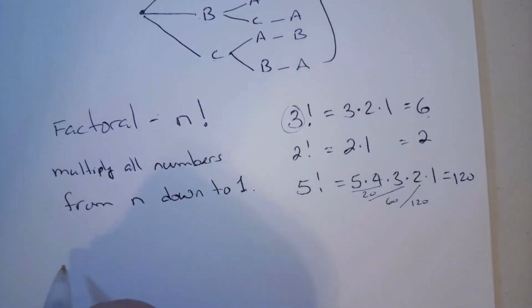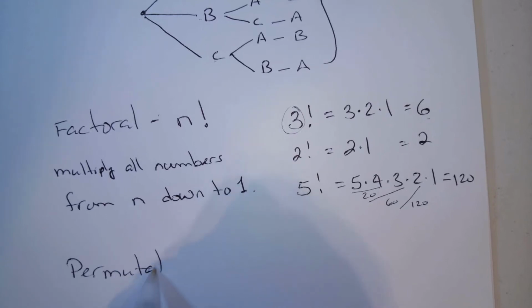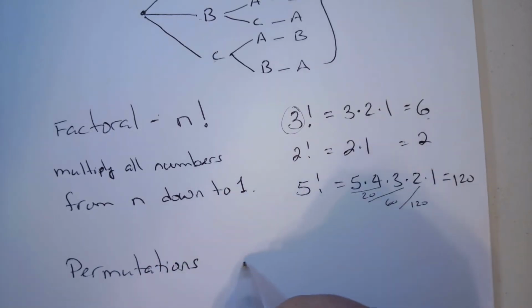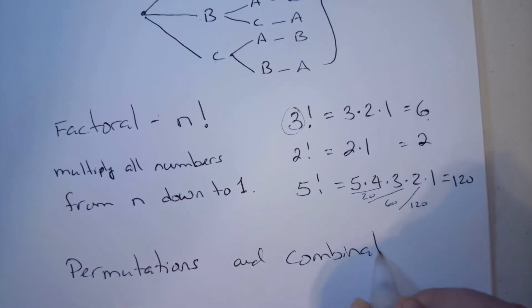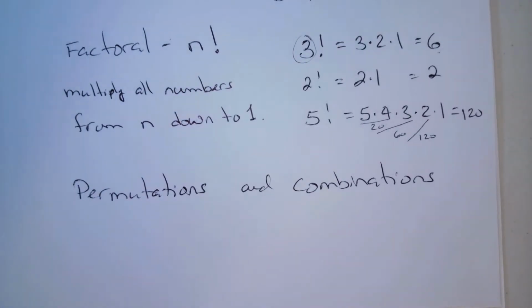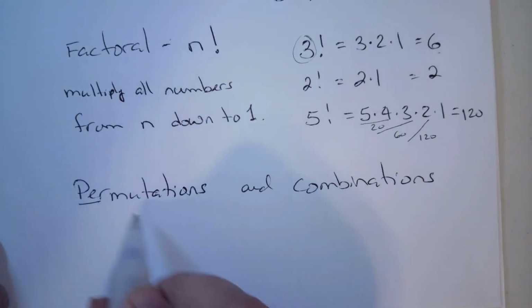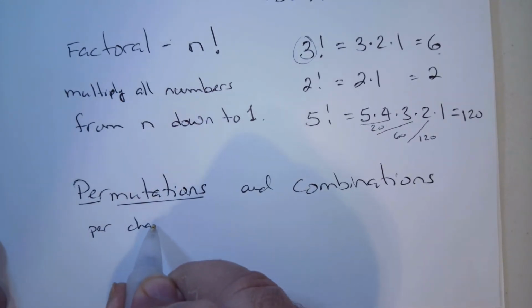The next things we're going to talk about are called permutations and combinations. Permutation is per each change.